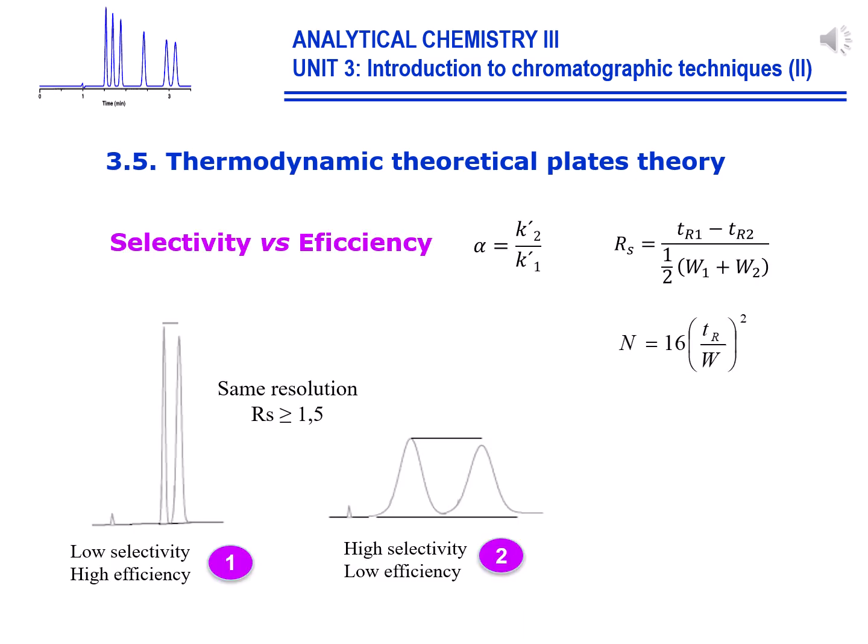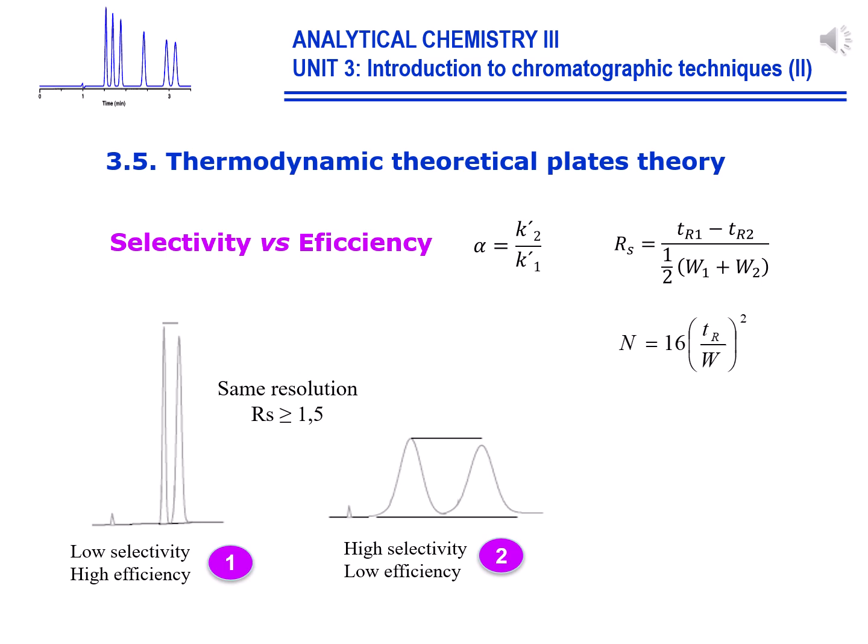As a summary of this theory, the terms selectivity and efficiency are both of high relevance to getting a good separation. This is shown in the example given in the slide. In both cases, the resolution is the same because we have the two adjacent peaks conveniently separated at baseline.